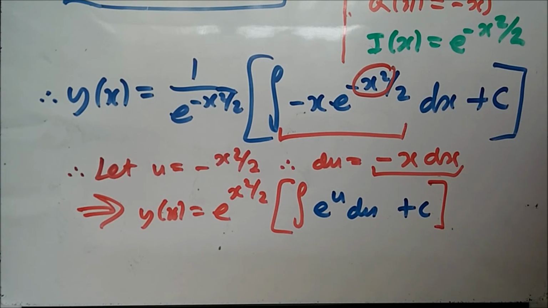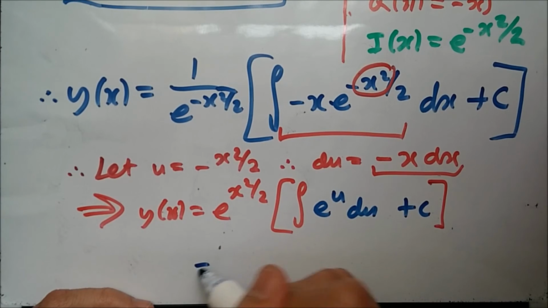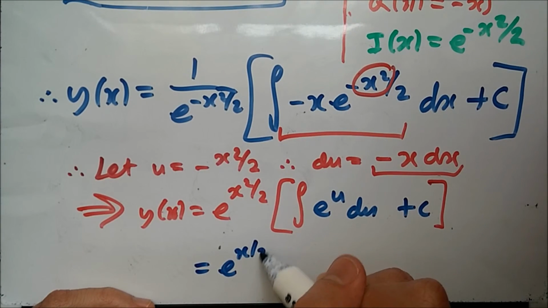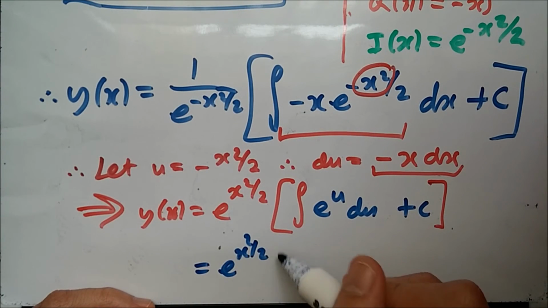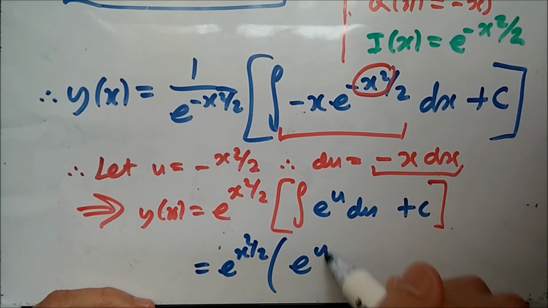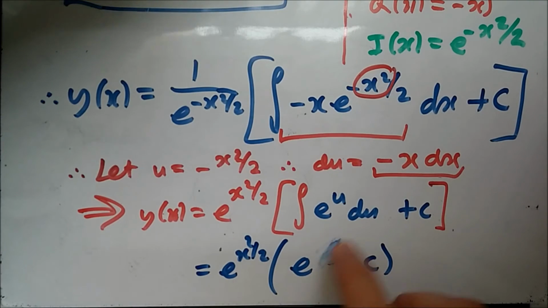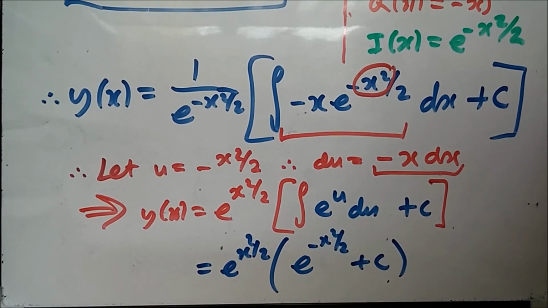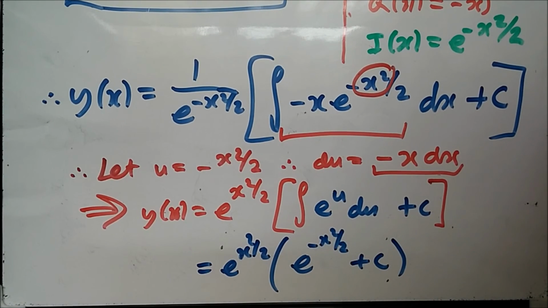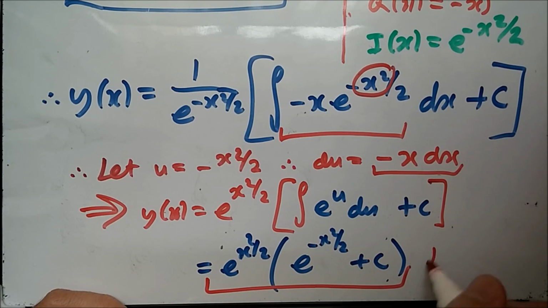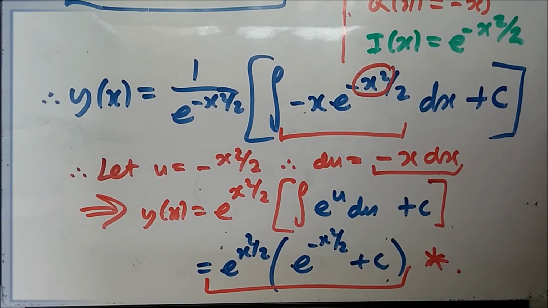And integrating this completely, we're going to get e to the x squared over 2 times e^u plus c. And replacing e^u, we're going to have, oh, hold on. And there we have it, guys. Here is the solution. See you guys next time.